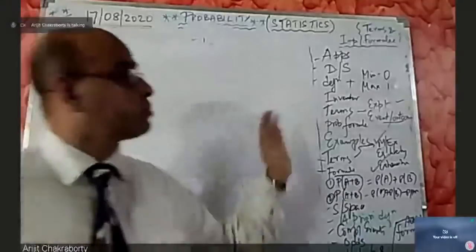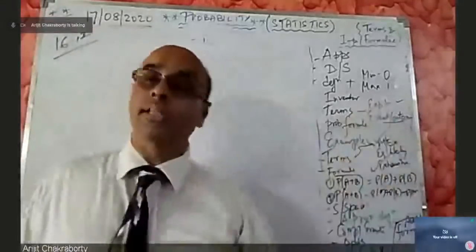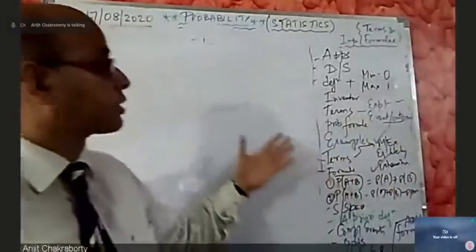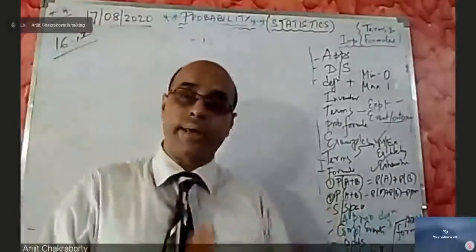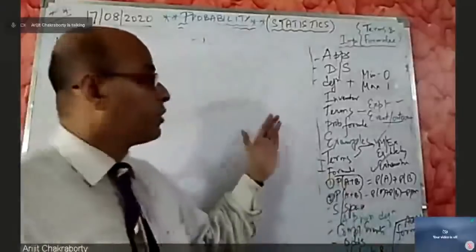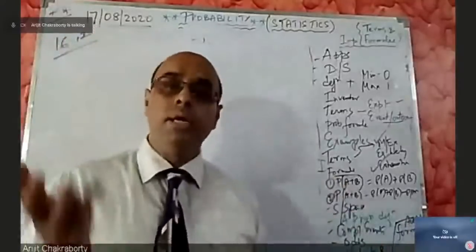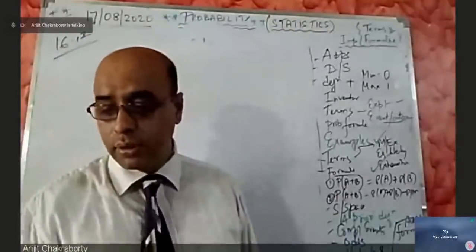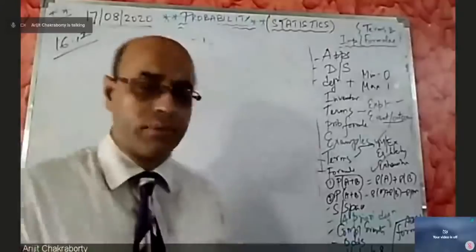First we talked about what is experiment, what is event, or what is outcome. Then we discussed different examples of experiments and events. We also talked about the different terms, mutually exclusive events, equally likely events, and exhaustive events.